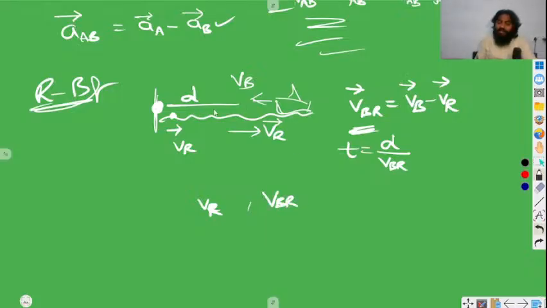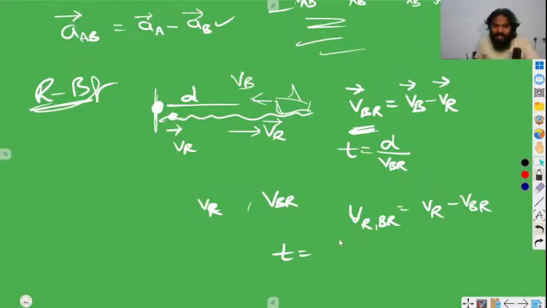Now after how much time will they both meet? Here you should take the velocity of the cork, or velocity of the river, with respect to the velocity of the boat with respect to the river: VR minus VBR. This is the relative velocity, and the time taken is equal to, if the distance between the cork and the boat is d, then d by VR minus VBR.